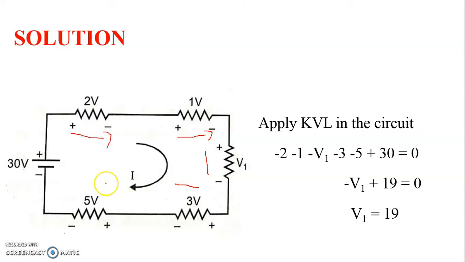Here the drop is +5 volt. And here the drop is +30 volt. By substituting all the values and setting it equal to 0 and simplifying, we get the V1 value. Here V1 is equal to 19 volt. So this is the voltage drop across the resistance V1.